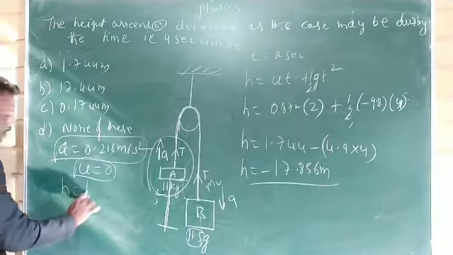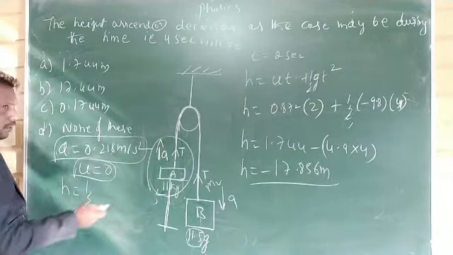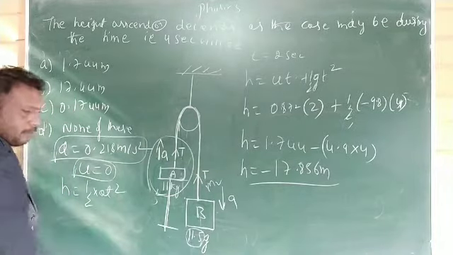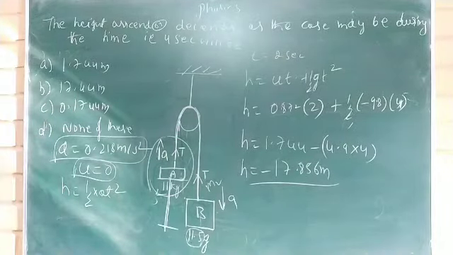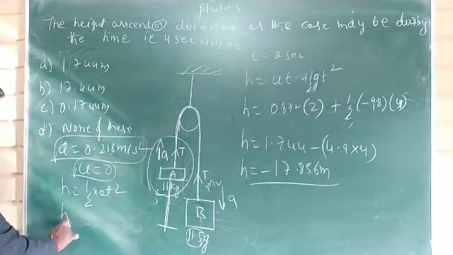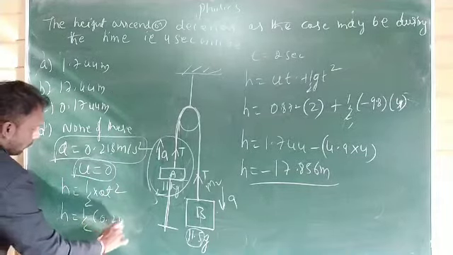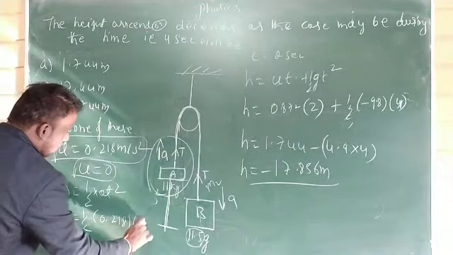Therefore, h is equal to 1 by 2 a t square, since u is equal to 0. Here t is equal to 4 seconds, so h is equal to 1 by 2 into 0.218 into 4 square.